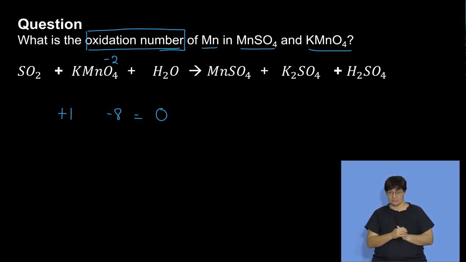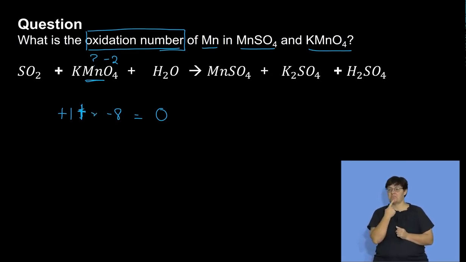So what is the oxidation number of manganese in this case if the total is 0? Oxygen is -8 and potassium is +1, and we are asking what the oxidation number of manganese is.